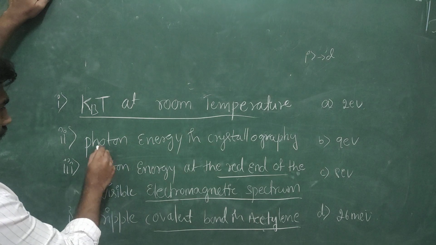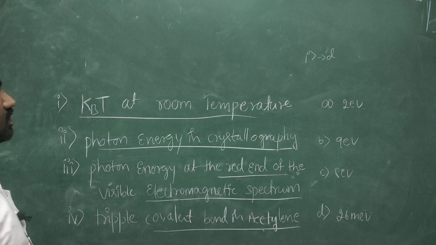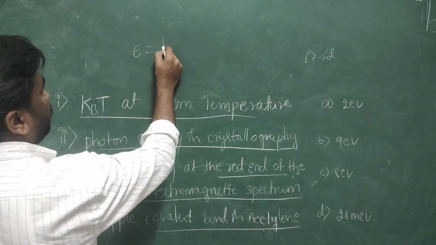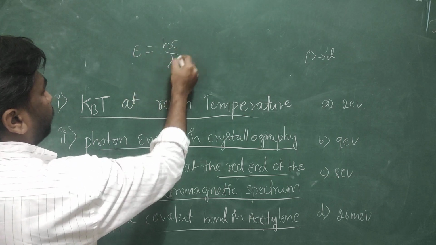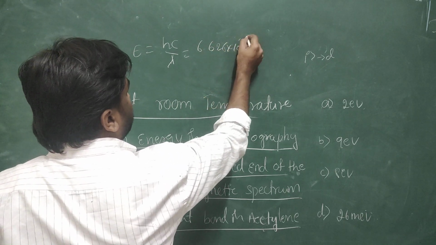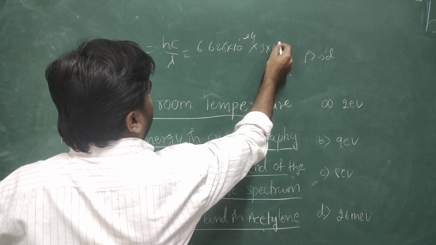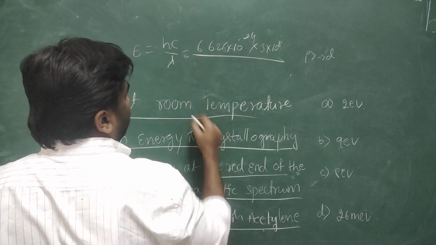Next, the second one, photon energy in crystallography. Photon energy can be calculated as E is equal to hc by lambda. h is 6.626 into 10 to the power of minus 34, and c is 3 into 10 to the power of 8, divided by lambda.